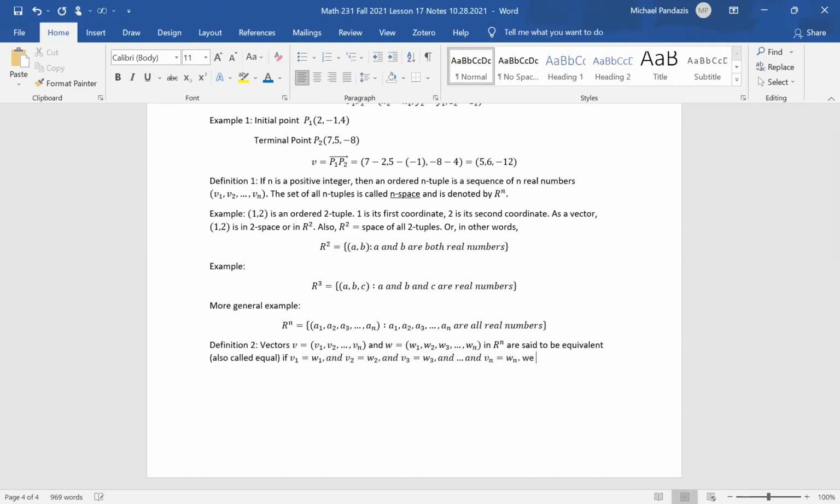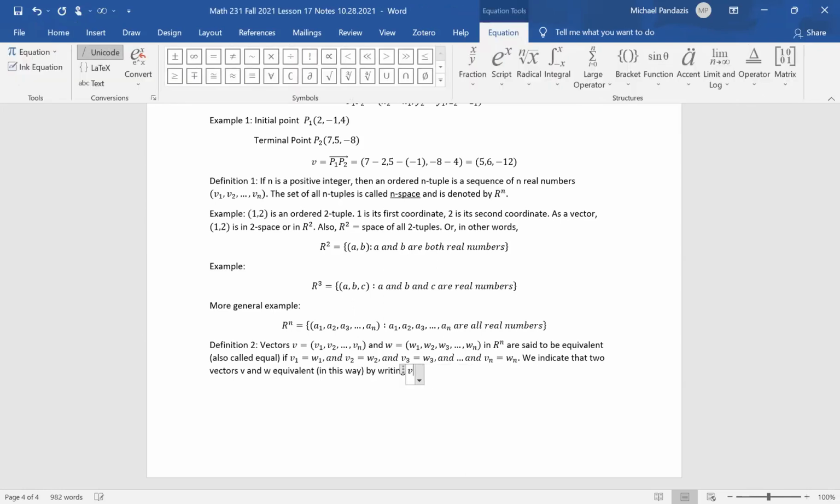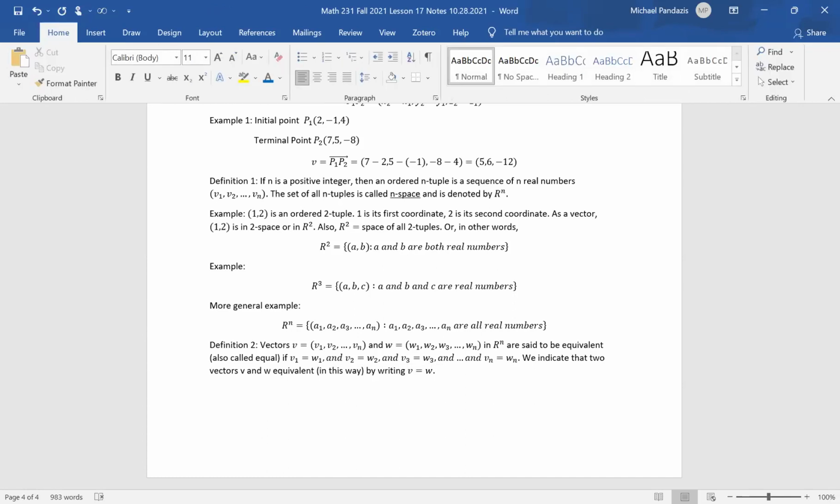So we indicate that two vectors, v and w, are equivalent in this way from this definition by writing v equals w. Just a normal way to write it. So v equals w means that, as vectors in n-space, their corresponding components are equal.